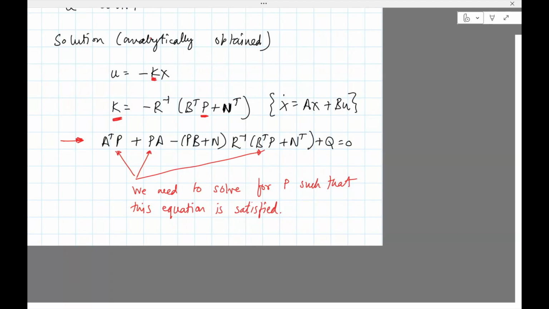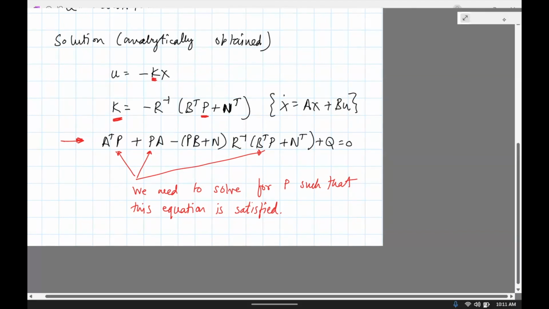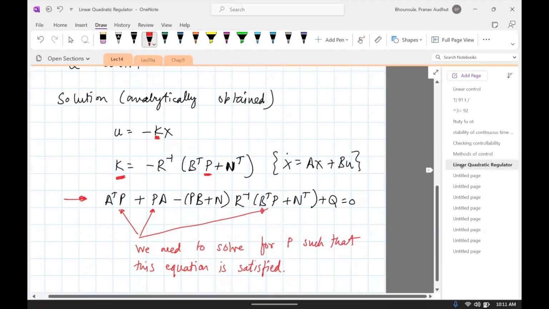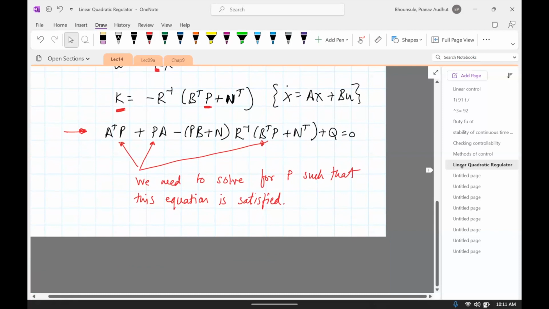This is something which I will not spend time doing, but we will just resort to a function within the control package, which will do this for you. Okay, this is just side information. P is just a matrix.